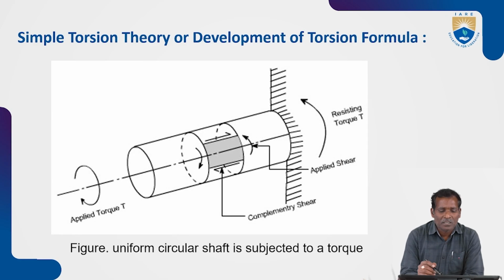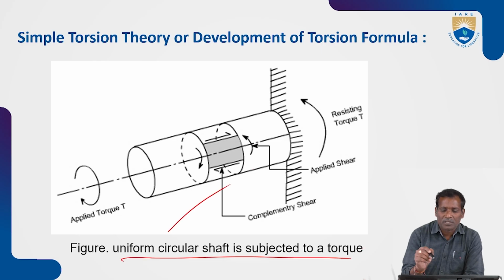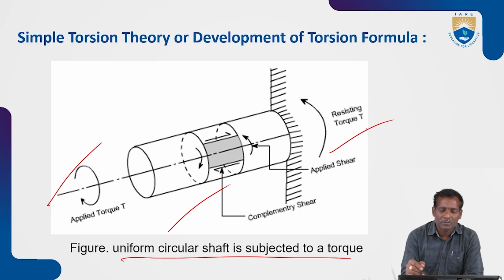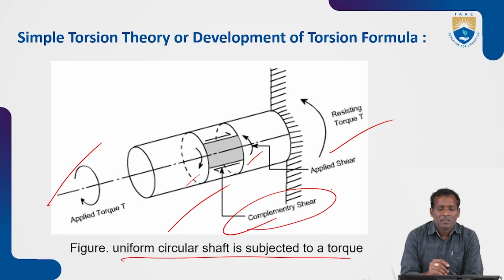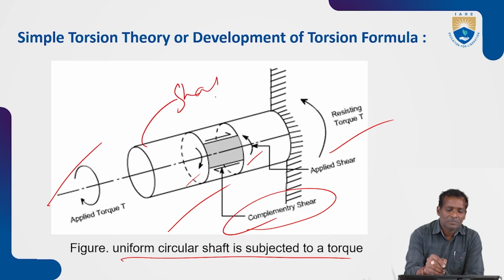See, in this diagram shown, the uniform circular shaft is subjected to a torque. So whenever they apply torque in clockwise direction and resisting torque acting opposite, the applied shear is shown with a small complementary shear. This is a circular shaft with diameter D.